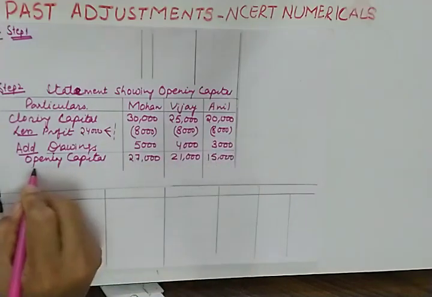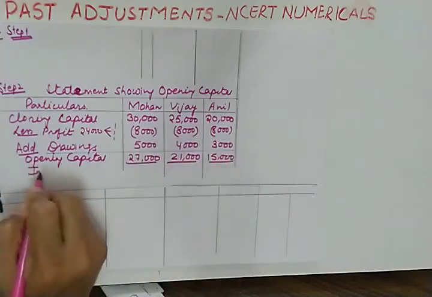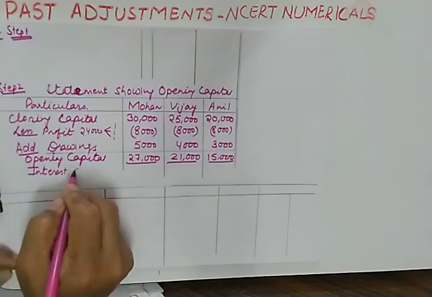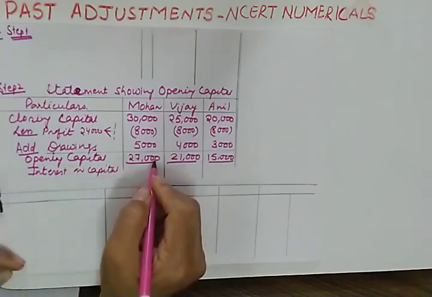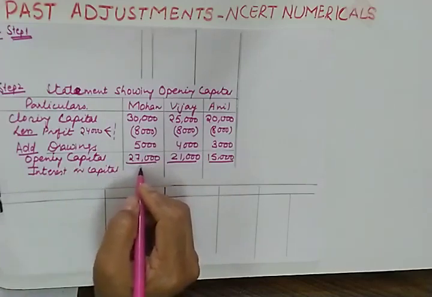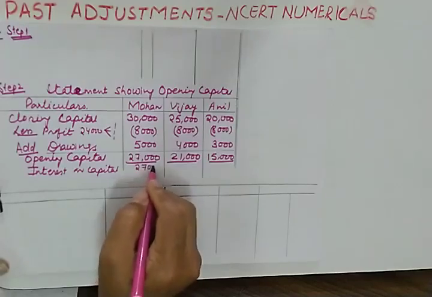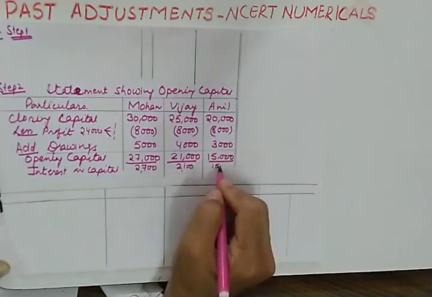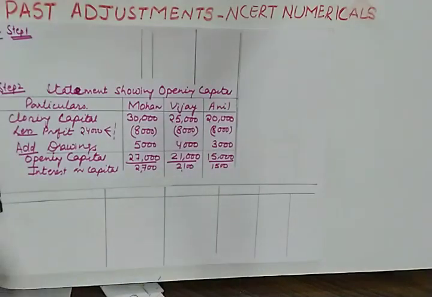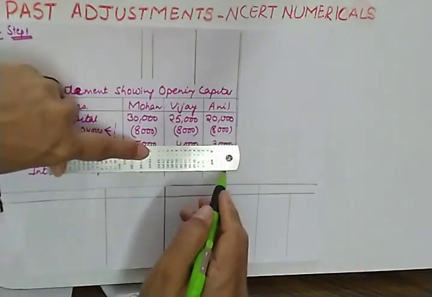In this statement only you can calculate interest on capital. Interest on capital will be how much? It is 10%. As per the numerical, it is given at the rate of 10%. So it will be 2,700, 2,100 and 1,500.